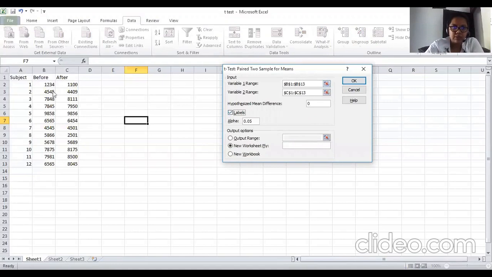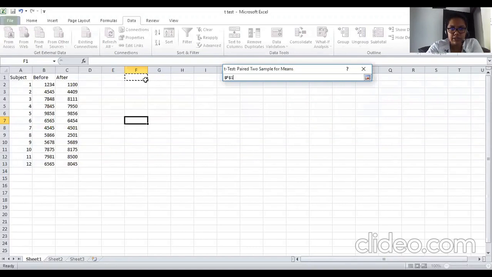Since I included labels when choosing variable 1 and variable 2, I'm checking the labels box, with alpha 0.05. I'm going to let the alpha value remain the same. I'm going to have the output in the same sheet, so I choose it and I want my output here.